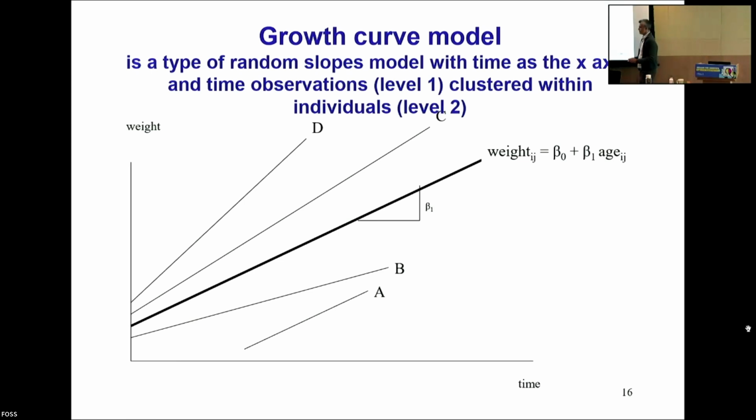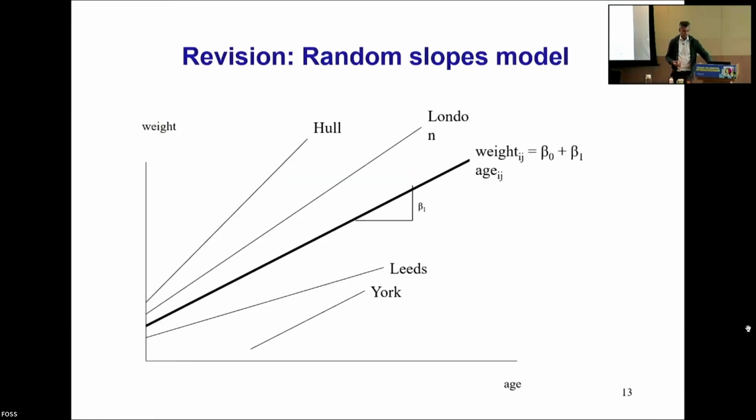And last week I was trying to tell you why we should fit such a complicated model. Because I was at a seminar a few weeks ago, and a sociologist was giving the seminar, and he said, in sociology, nobody needs to fit random slopes models.